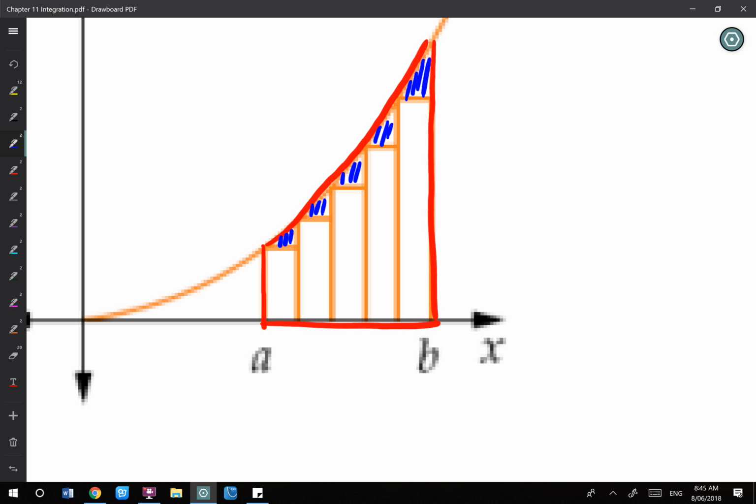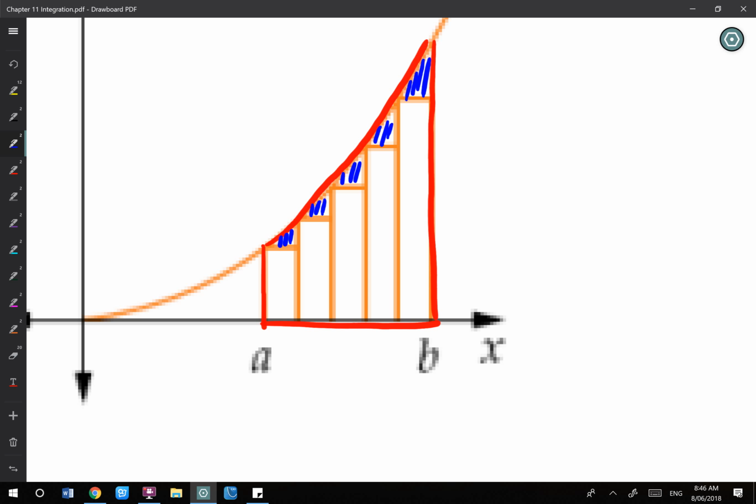I keep going until I finish at the point B. If I halve the width but use the same method, do you think I will get a more accurate answer or less accurate answer? More accurate, right? You will clear some of this blue bit.